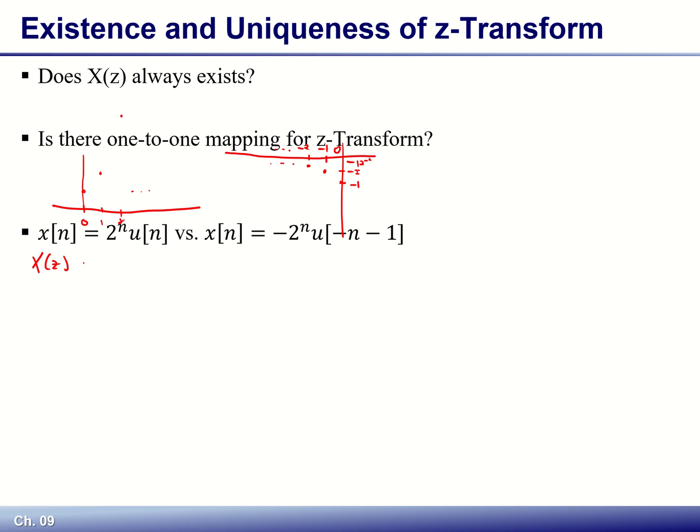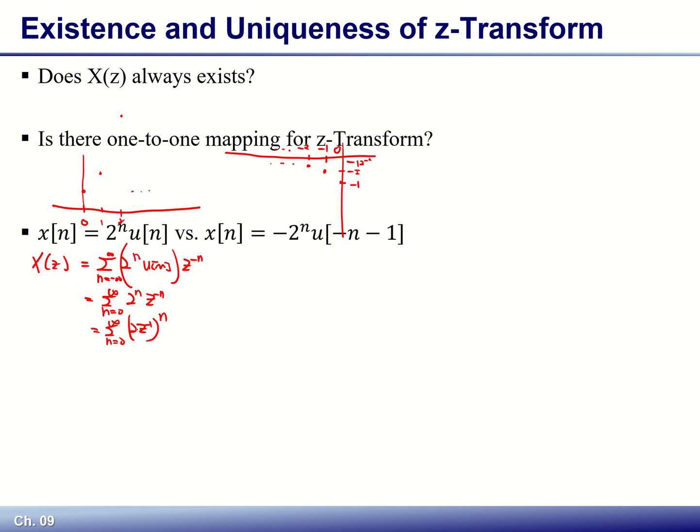So from the definition, the sum over n from minus infinity to infinity of 2 to the n u[n] z to the minus n, starting from 0 to infinity, the sum of 2 to the n z to the minus n, which is the sum of (2 z to the minus 1) to the n.